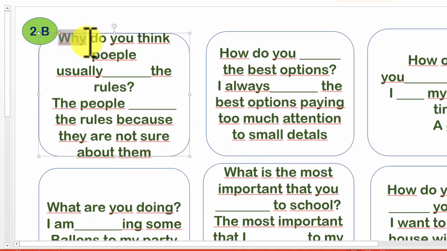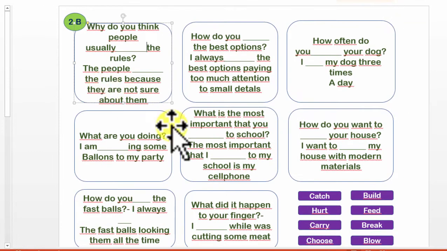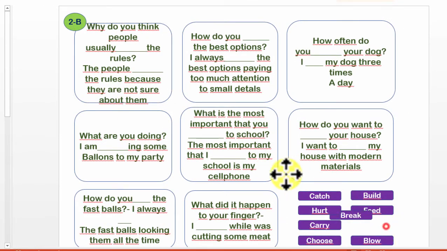Recuerden que why es porque. ¿Por qué tú crees o porque tú piensas que las personas, aquí vamos a ver, people, what do you think people, porque crees que las personas, usualmente, generalmente, break the rules, ¿por qué crees que las personas rompen las reglas? Claro, rompen las reglas, break the rules.